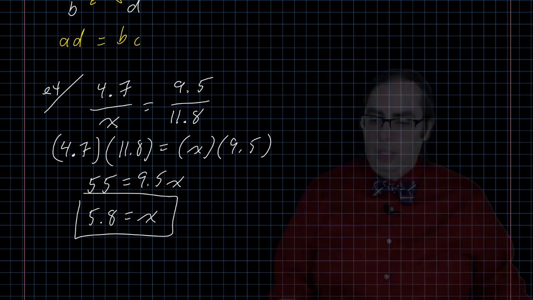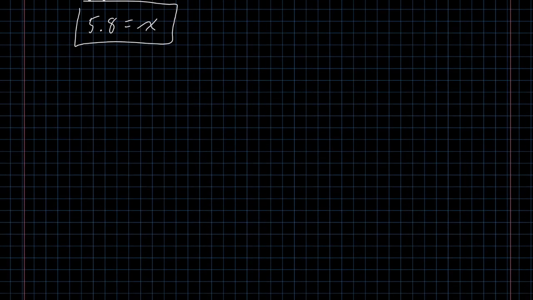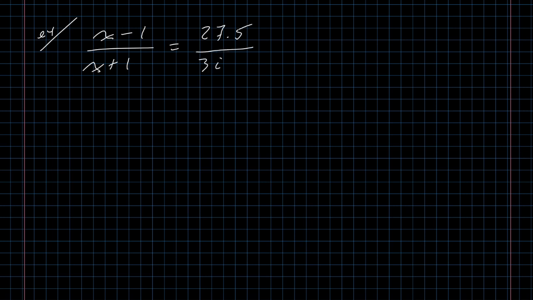So let's go to that example next, where we might have something like x minus 1 over x plus 1 is equal to 27.5 over 32.6. The process is the same, but you have to take a little bit more care because in this situation, it's a little bit easier to make an algebra mistake.